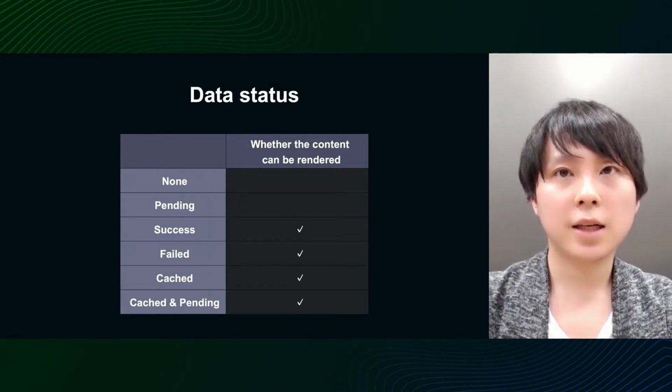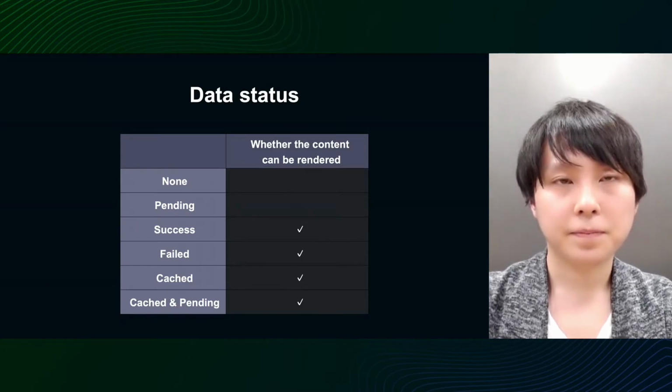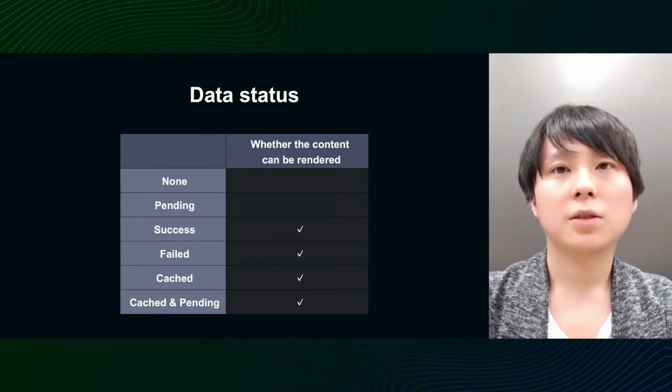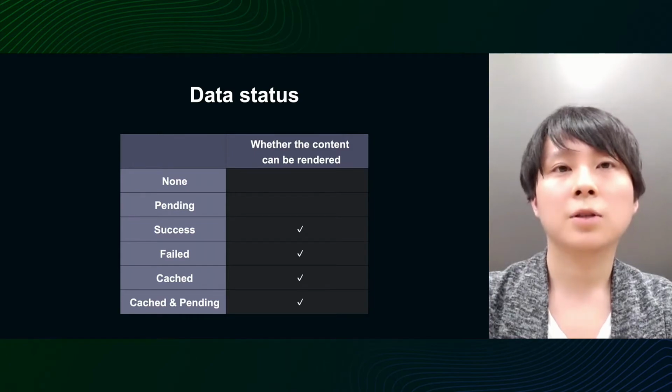In addition, there are other statuses besides success in data status. For example, in line news, if data acquisition through the API fails, the content will be hidden. In other words, the height can be set to 0. In this way, the important point is not whether the content data is stored in the store, but whether the data is determined or not.